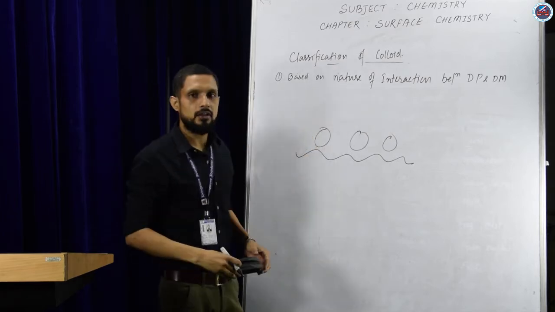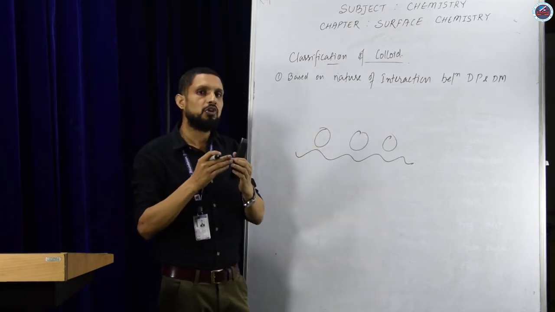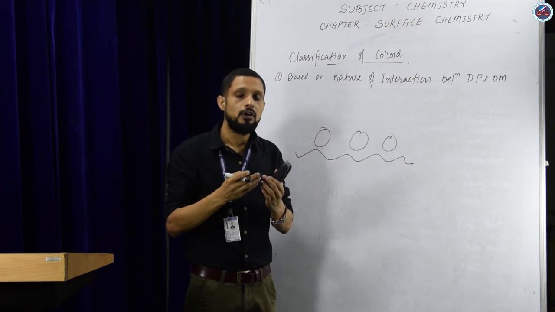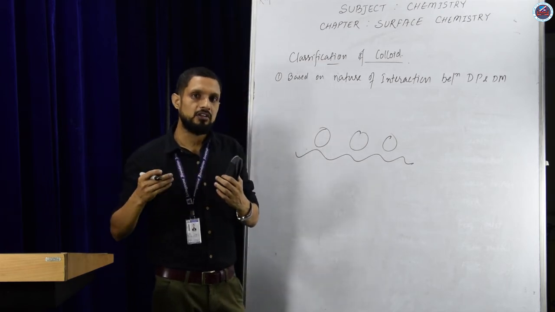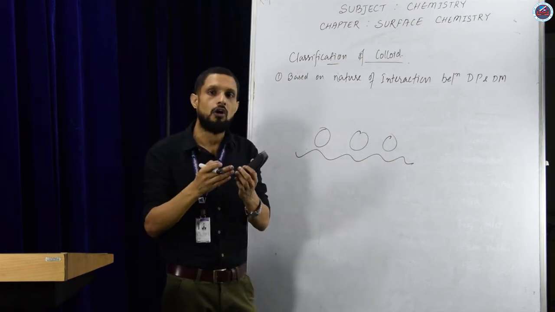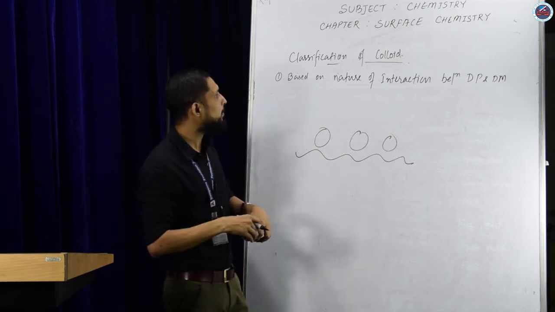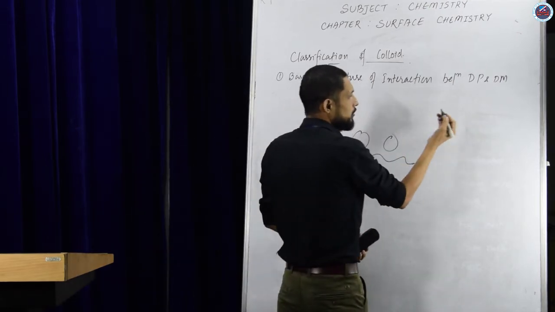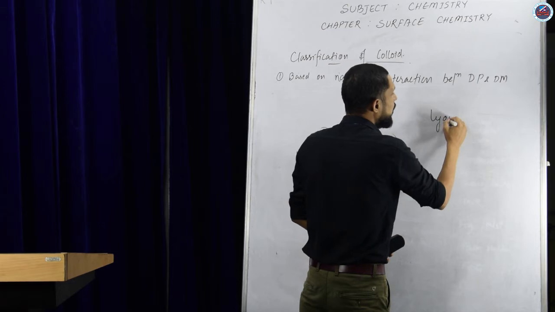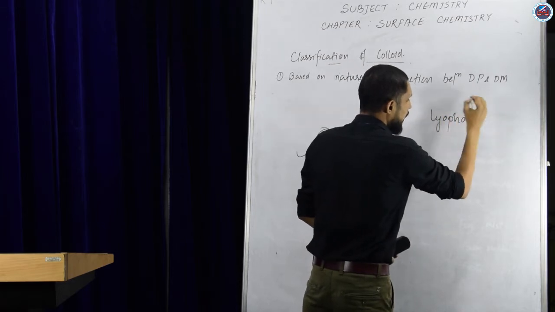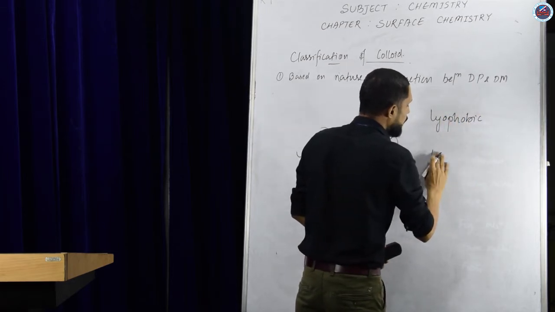These two particles can have a force of attraction or maybe a force of repulsion. That means they may have liking or disliking. Depending on this, we have classified colloids into two types, that is lyophobic and lyophilic.